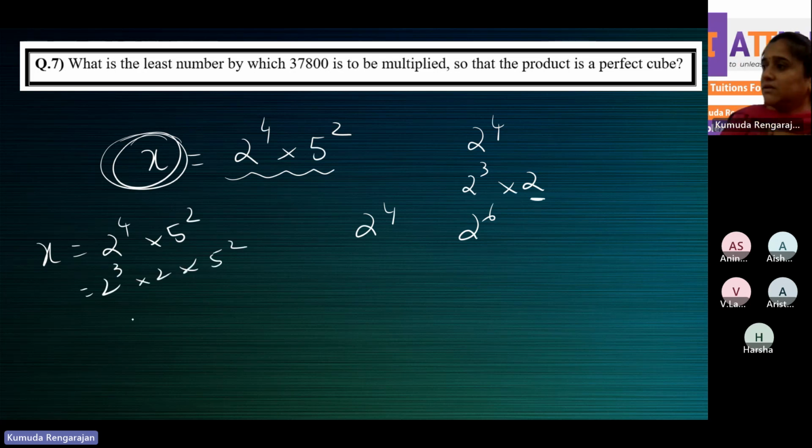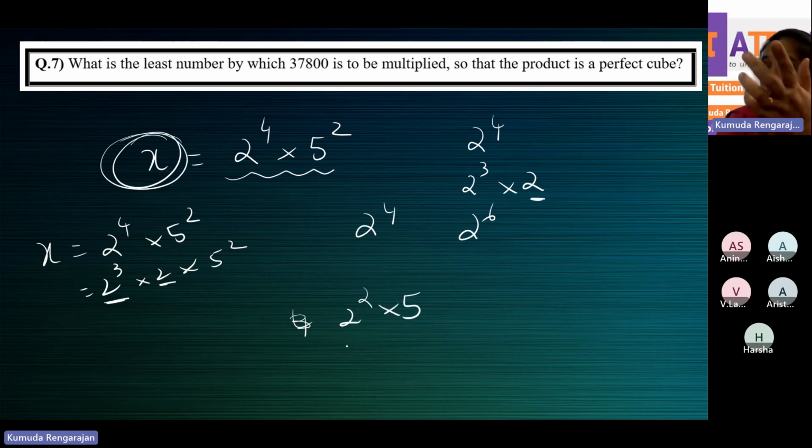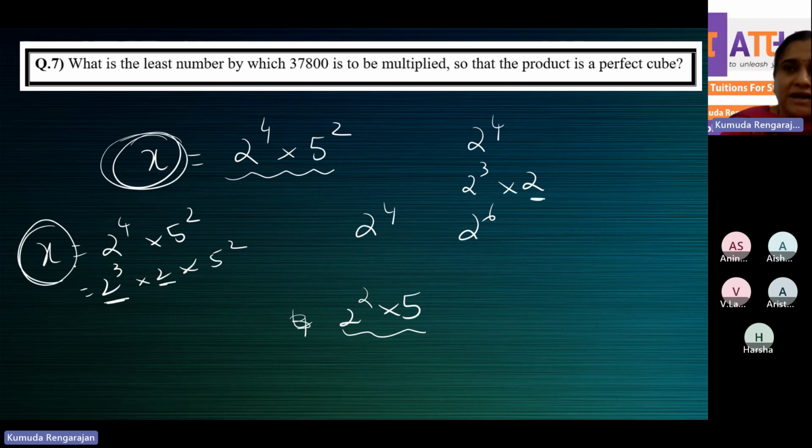Is this fine? So 2 cubed is fine. Now this 2 needs 2 more 2s to become 2 cubed, so you need 4 or 2 square. Then this 5 square needs 1 more 5 to become 5 cubed. So you need to multiply by 4 5s are 20. So this number x, in our example, is to be multiplied by 20 so that the product is a perfect cube.